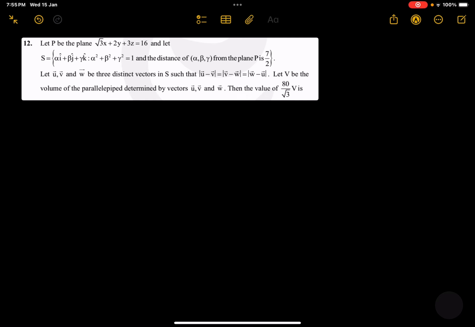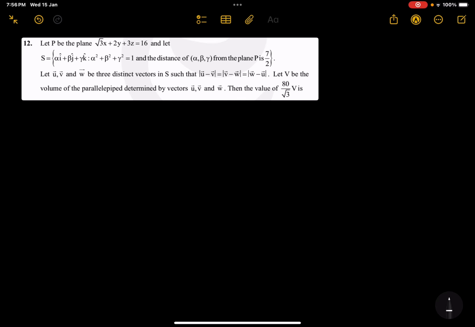To start with, recall that the volume of a tetrahedron would be 1 upon 3 times the area of the base into height h, and the volume of the parallelepiped would be 6 times the volume of the tetrahedron formed by the vectors of which the parallelepiped is constructed from.